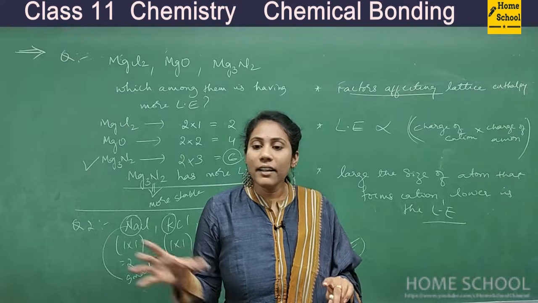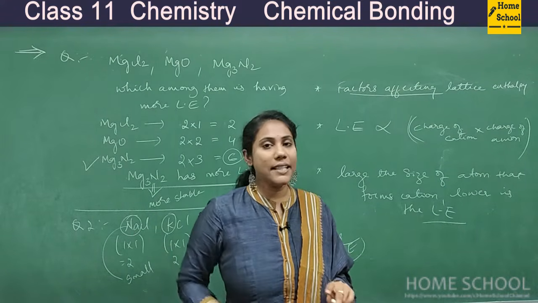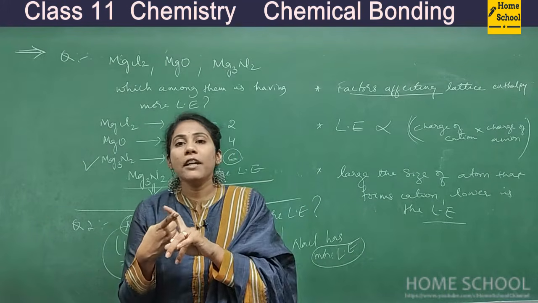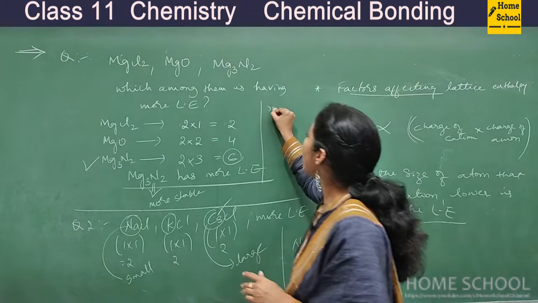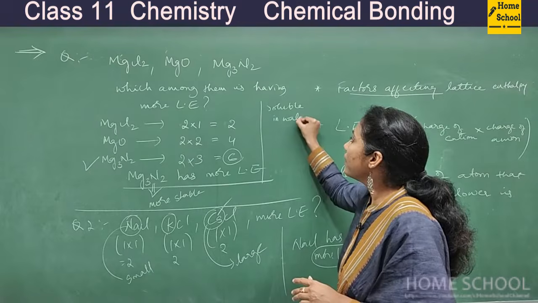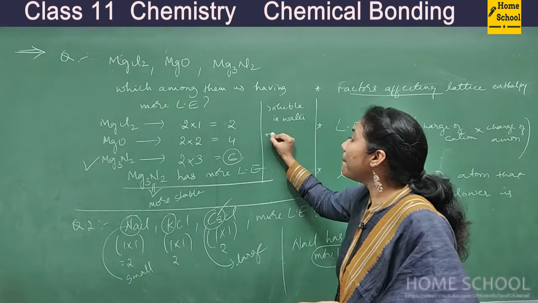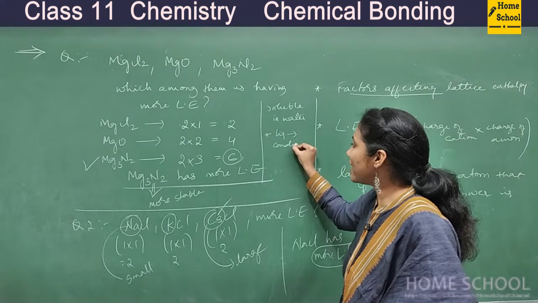See, these properties we already studied in our basic classes, right? Nothing much different. So the first property of ionic compounds: they are soluble in water. This is the first major point. And ionic compounds in liquid state conduct electricity, right?